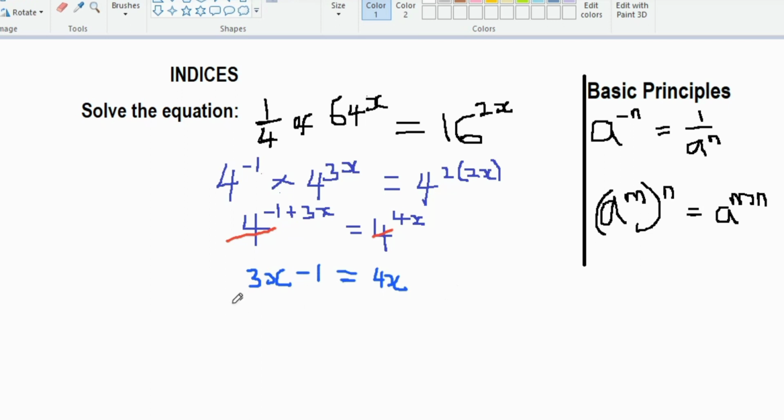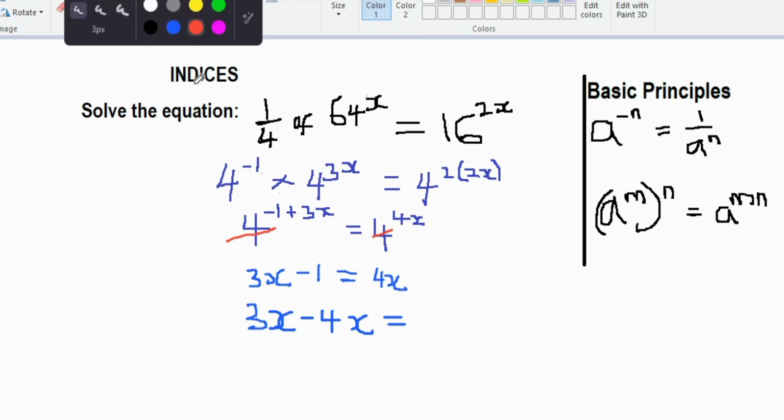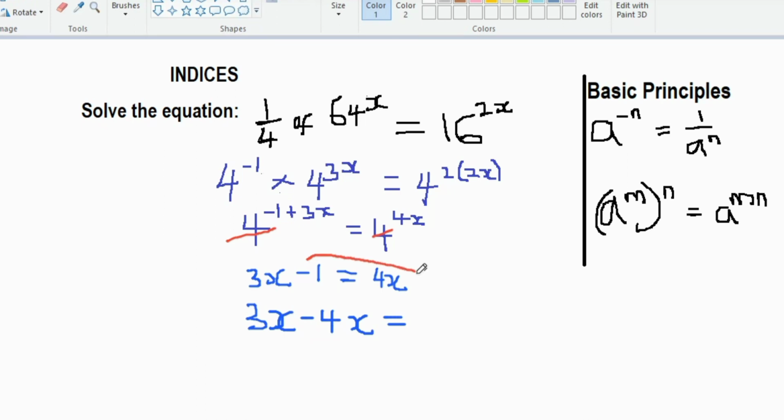That is to say 3x, 4x going to the other side of the equation will become minus 4x, and 1 which goes to the other side will become plus 1. So we have positive 1 here.